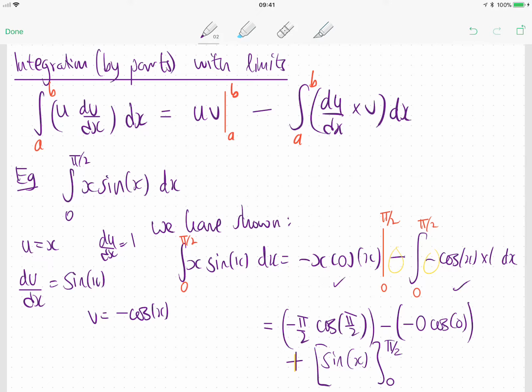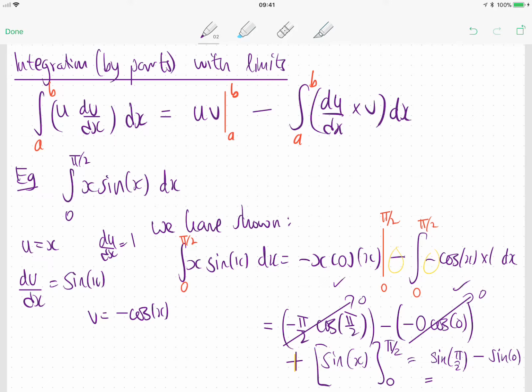And if I go to the next page, well, let me just calculate these before I do that. So cos of pi over 2 is 0. This one's just 0. So actually, I think I can just squeeze it on. Sine of pi over 2 minus sine of 0.